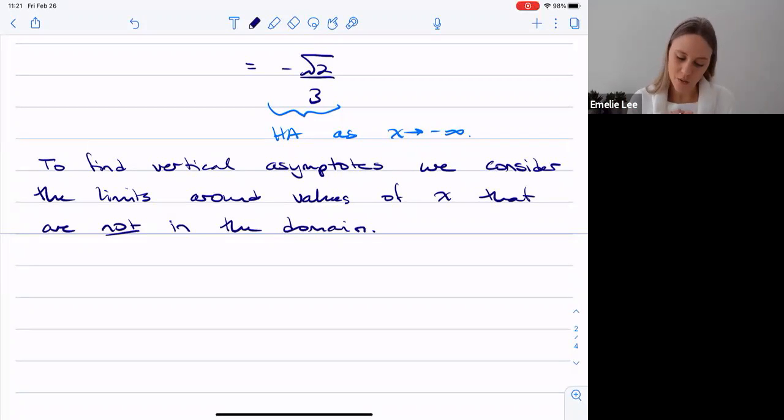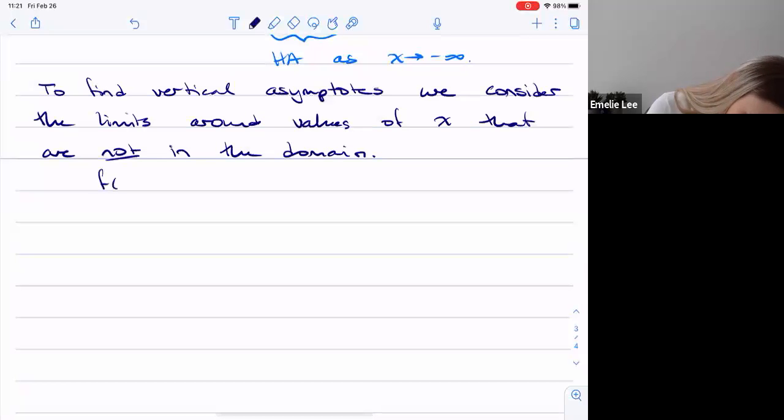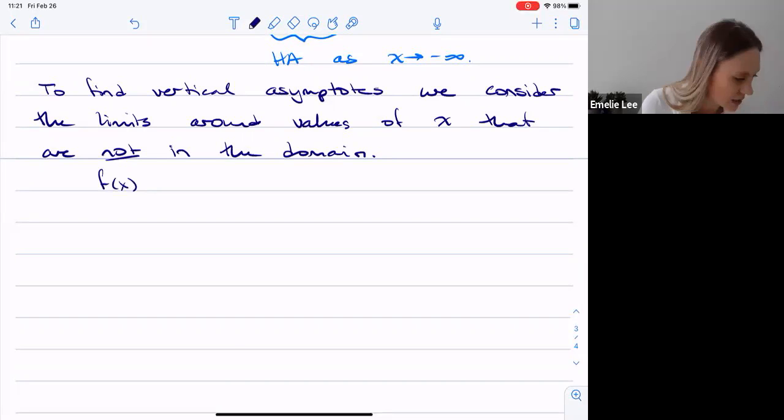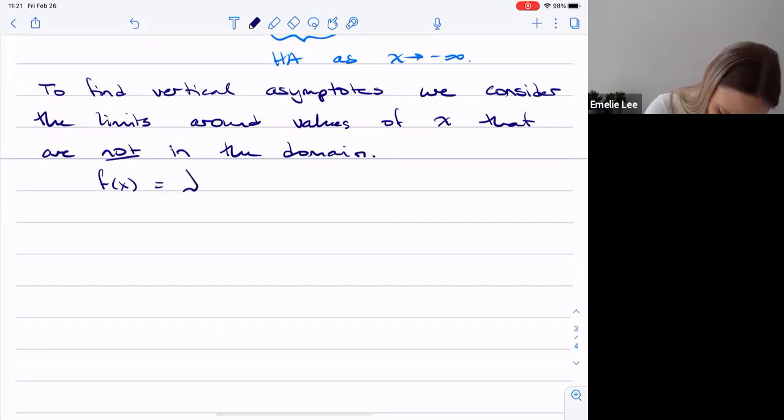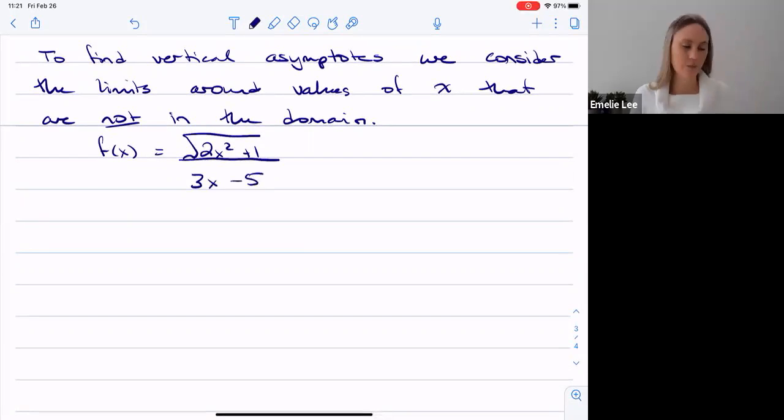Okay, so if we consider f of x, we had the root of 2x squared plus 1 over 3x minus 5. So we think about our domain, and well, 2x squared plus 1 has to be greater than or equal to 0.